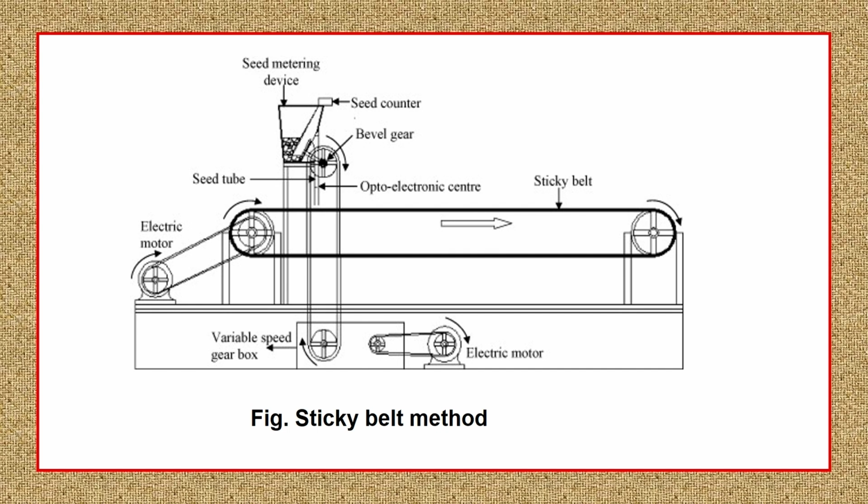Within the metering mechanism, there will be a cutoff mechanism as well as a knockout mechanism. So we can assess the damage which may happen at those points. As the seed metering mechanism meters the seed, the metered seed will fall over the sticky belt.